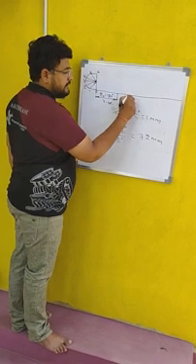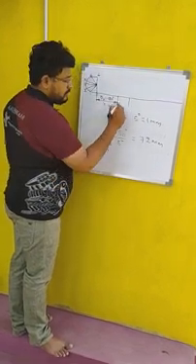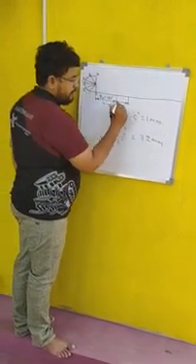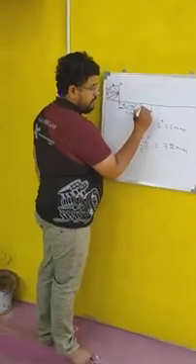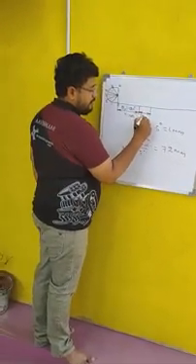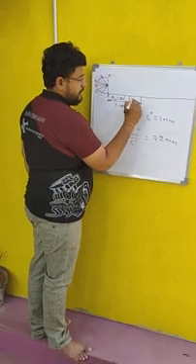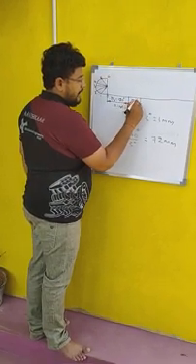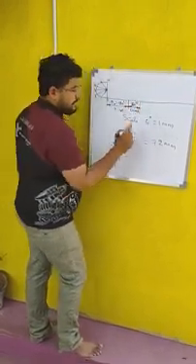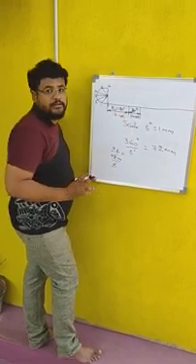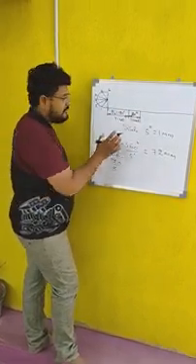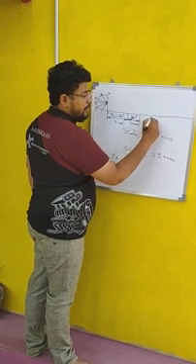Next, 30 degrees is given as dwell. 30 degrees in the sense what? 6 mm. Dwell period 30 degrees is given, and the return period is given as 60 degrees according to the question. As per the question, 60 degrees in the sense how much do we get? 12 mm.